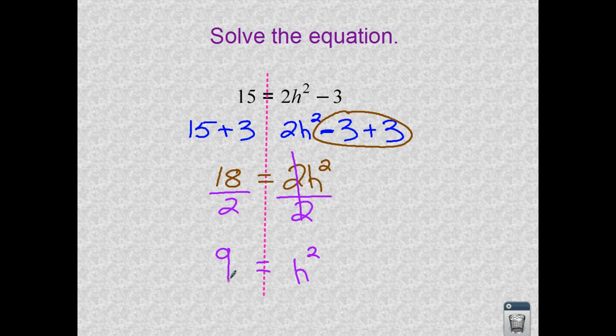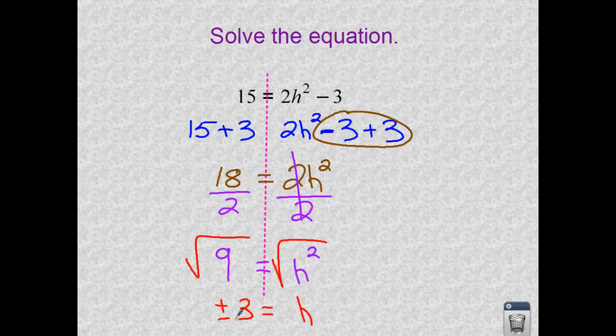Don't stop there. I don't want h squared, I want h. So we take the square root of both sides of the equation, and h is equal to positive and negative 3. And we'll leave it with both roots for today, and like I said before, when we get into the theorem, we'll get rid of that negative root.